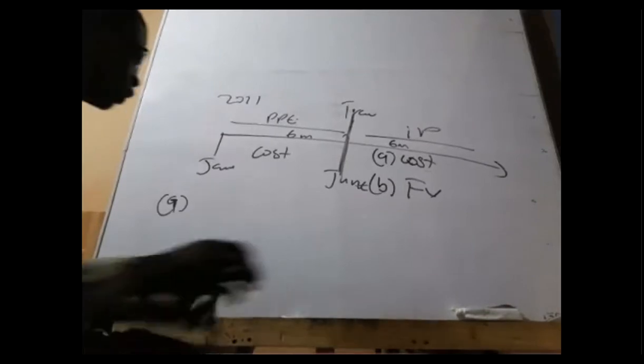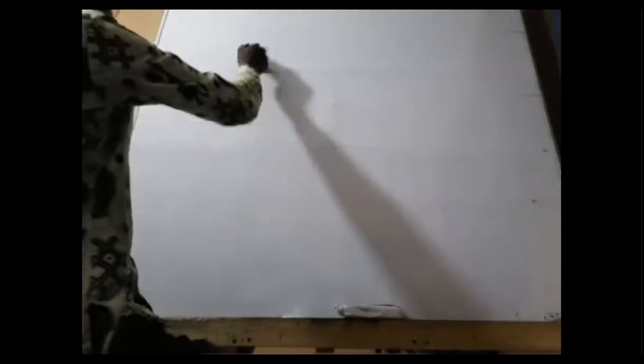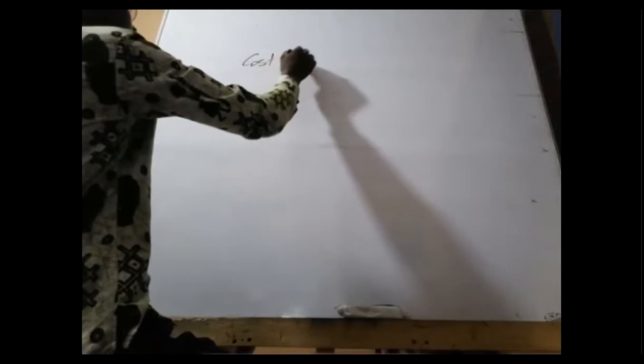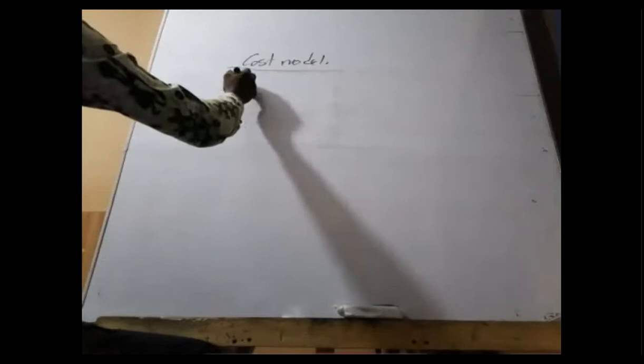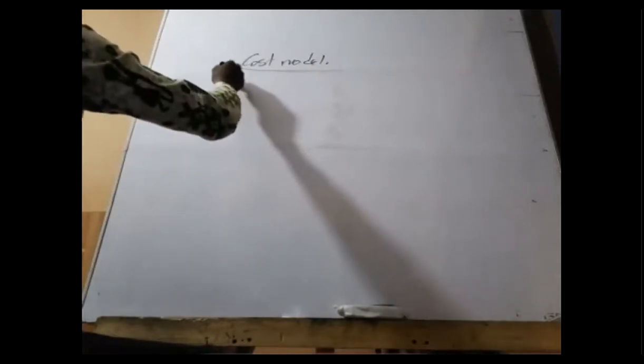So for the cost model, it's not something which is difficult. So on a cost model, we are looking for the income statement.